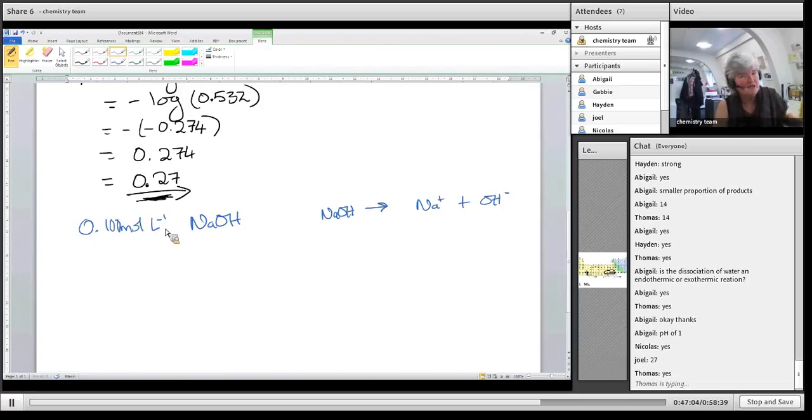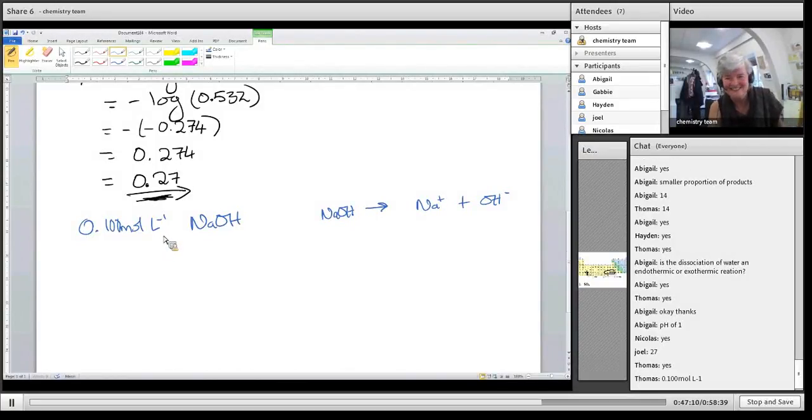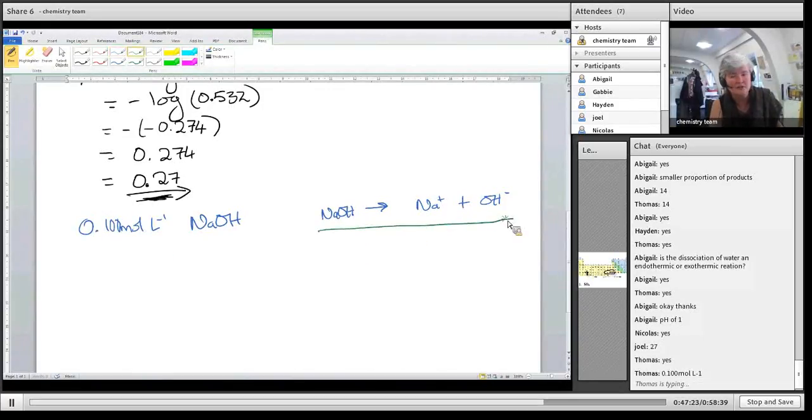Because indirectly you're correct. You could work it out. I was just doing it on the surface level. Okay, that's not the hydronium ion. Can you see I've got no hydronium ion in my equation.